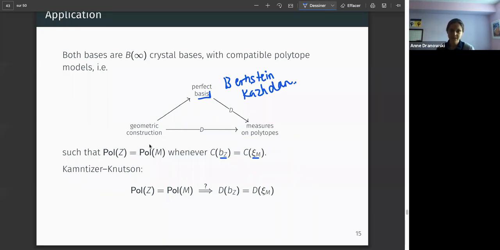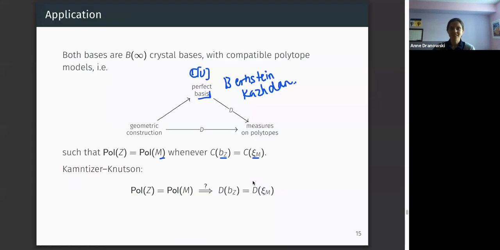So to our Z and to our M, we can now assign honest basis vectors. And we can also assign, either directly to these basis vectors of C[U] or to any element of C[U], measures, but in particular to those coming from our geometric constructions, or intrinsic to those geometric constructions, we can assign measures and compare whether those measures are equal.